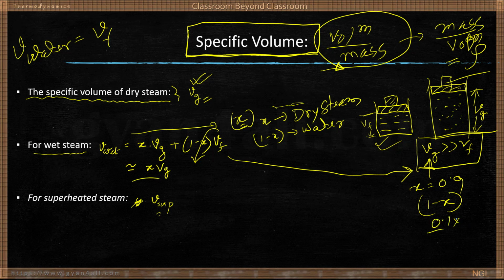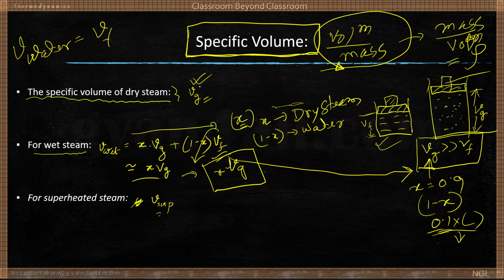So 0.1 is already a small fraction, and multiplied by another small quantity, it will be even smaller. That is why we neglect this quantity, and for practical purposes we take it as XVg. What is this? Specific volume of wet steam, where X is the dryness fraction of the wet steam.